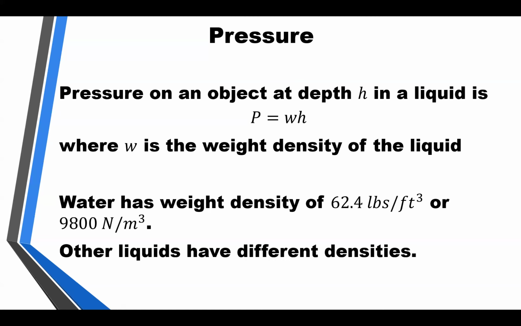And if we do a problem with another liquid besides water, then I will give you the weight density in the actual problem. But pressure on an object is simply weight density times depth of whatever liquid we're in.